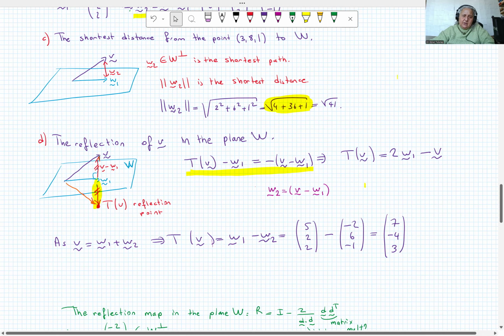Okay, the reflection of the vector. So this is the vector, and we would like to find the reflection of this vector with respect to the W plane. This vector, which is W2, as we know, this distance should be exactly this distance here. Again, this is perpendicular, this is perpendicular. Now, the reflection vector of V will be this red vector over here, which is TV. TV is the reflection point.